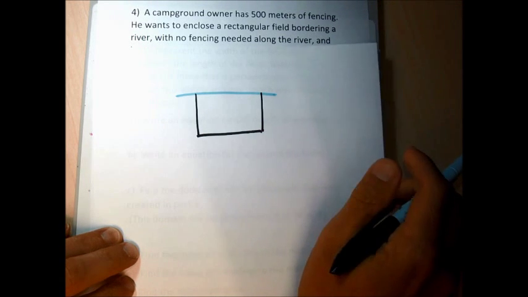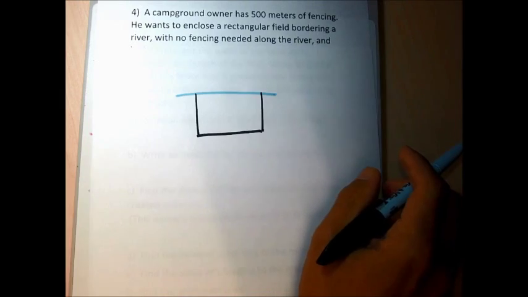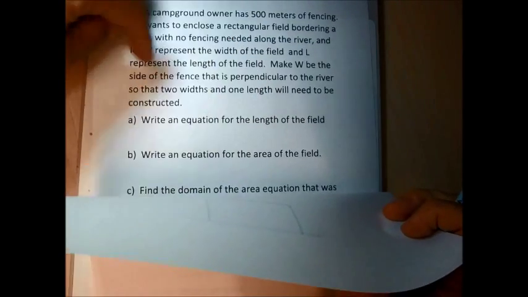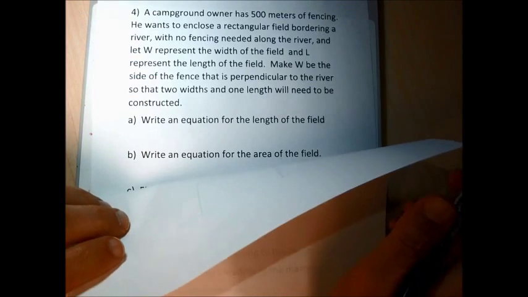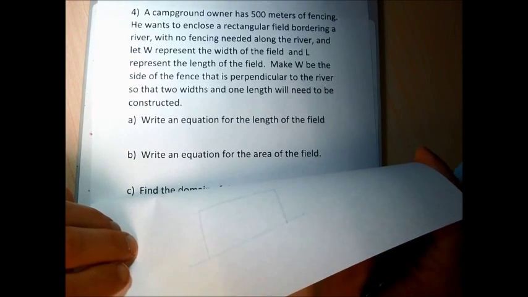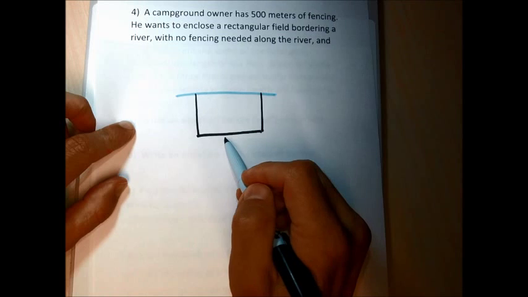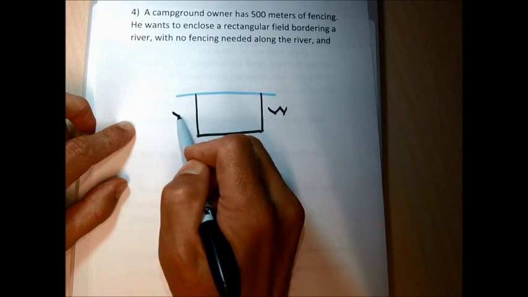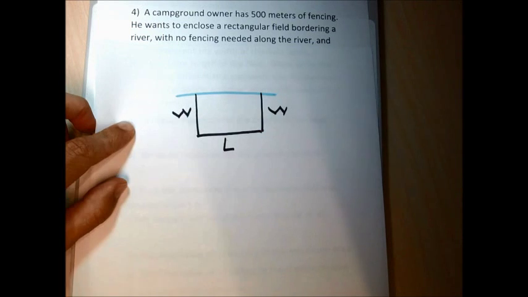So it's my nice rectangle. And I think I tell you which side to make the width. Make the width be the side of the fence that's perpendicular to the river. So that 2 widths and 1 length need to be constructed. So this is going to be a length. This is going to be a width. This is going to be a width.